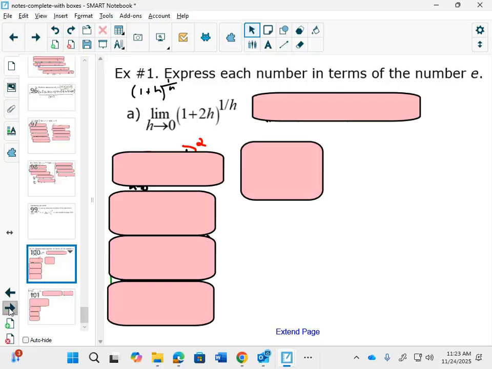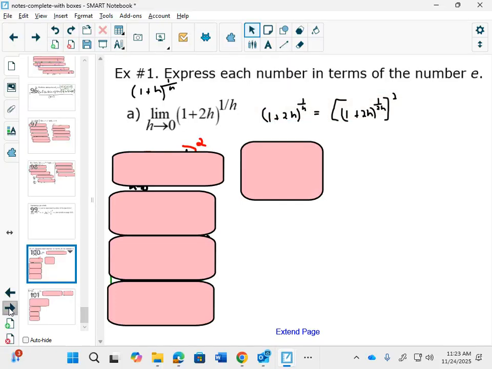Express each number in terms of the number e. So we know that the limit of 1 plus h to the 1 over h, as h goes to 0, is e. The question is, what does that 2 do to our equation? And so we get a little creative.